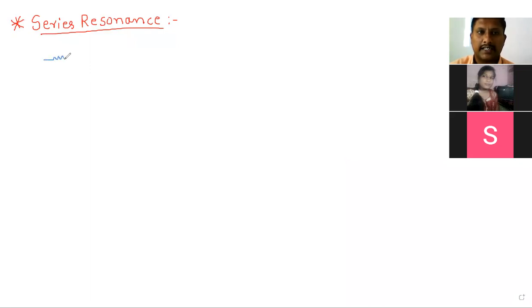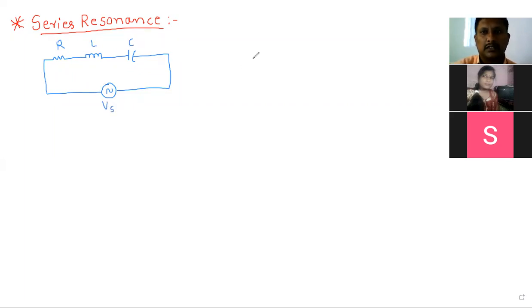So this is the circuit diagram. This is the R, this is the L, this is the C, this is the Vs. We can consider this as a series resonance circuit.